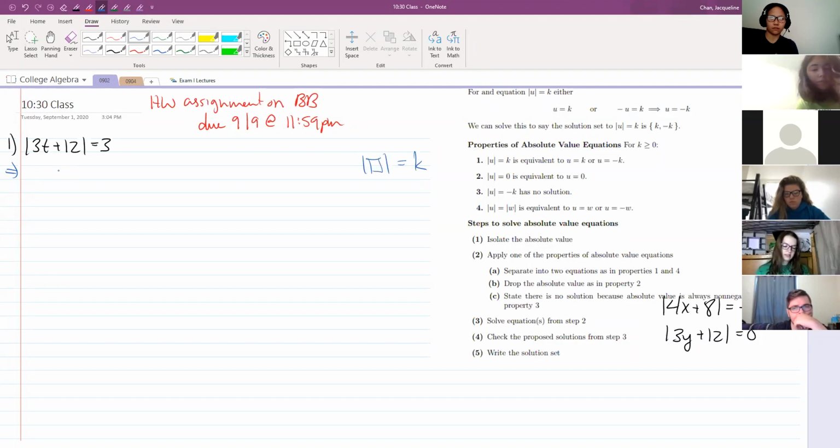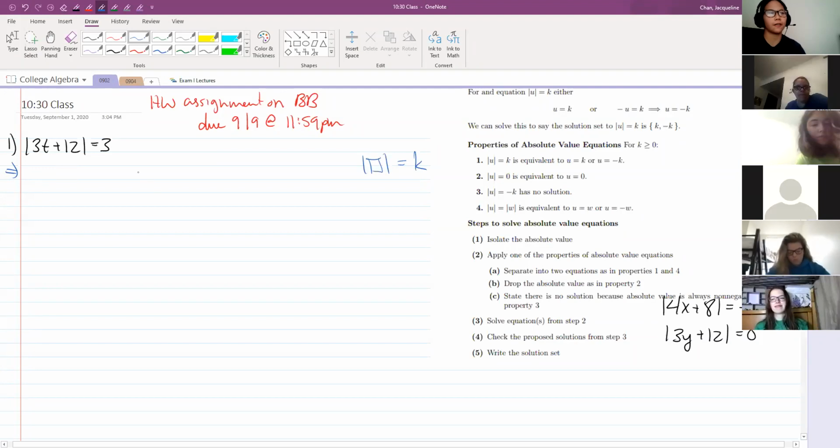Can you separate it into two different equations? Yeah, and what property are you using? We will be using property 1. Okay, so can someone tell me, if I apply property 1, how does this equation get separated?